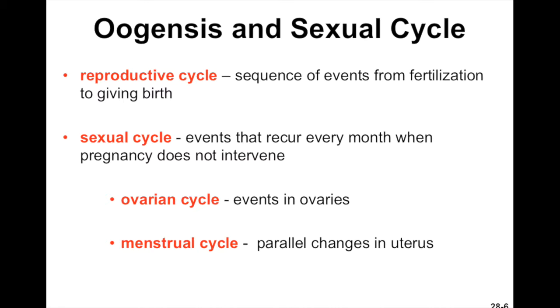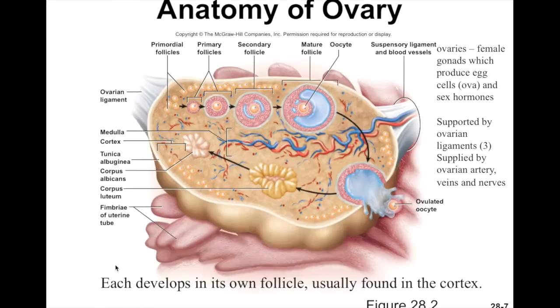I know we kind of tie them both together, but since they're two separate organs, they break it down into two separate cycles. So the ovarian cycle for the ovaries, menstrual cycle for the uterus.